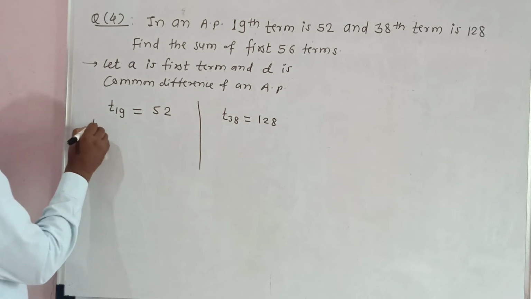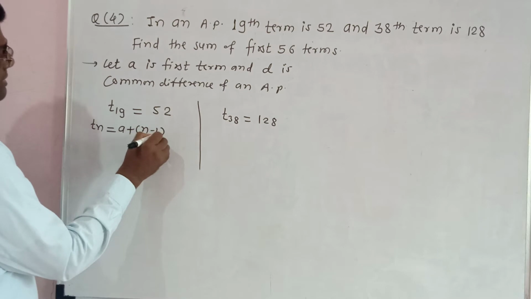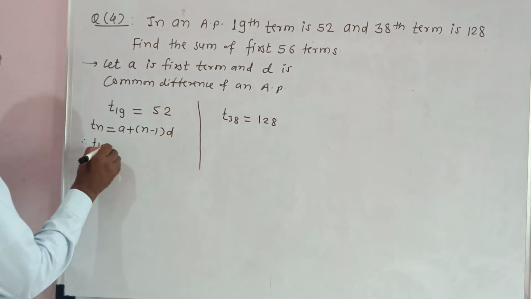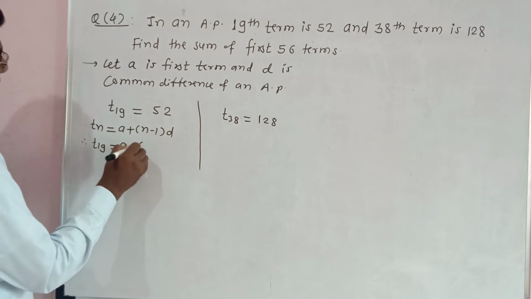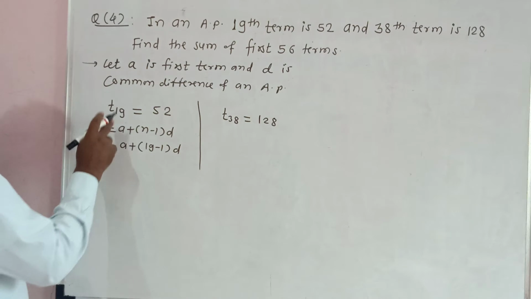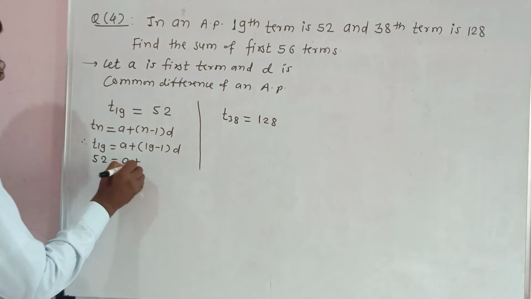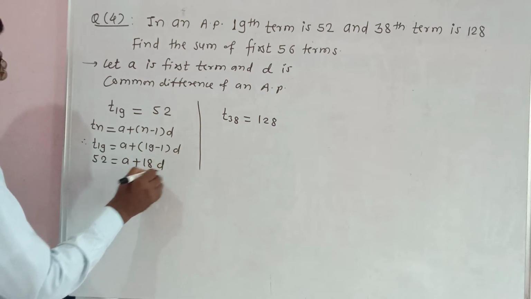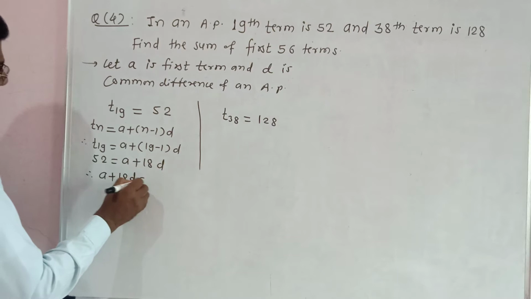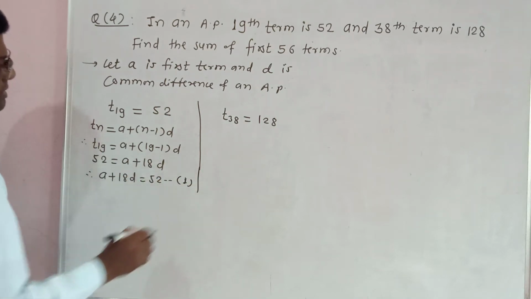Now the formula for Tn is equal to A plus n minus 1 into D. Therefore, T19 is equal to A plus 19 minus 1 into D. T19 is 52. 52 is equal to A plus 18D. Therefore, A plus 18D is equal to 52. This is equation number 1.